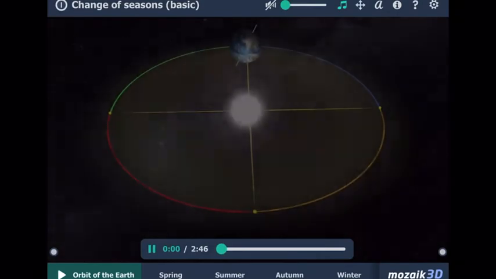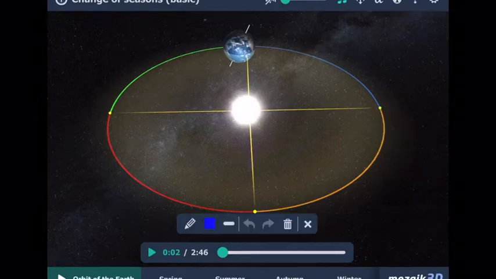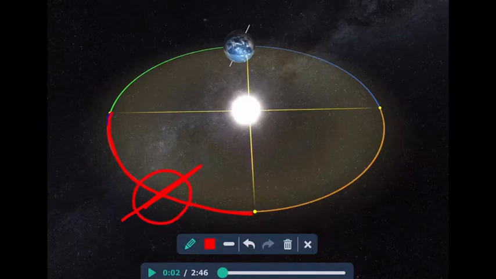Now I will show you the Earth's orbit completely once again. You see, this is Earth's orbit. Now when Earth enters this red zone, what happens? The tilting of northern hemisphere is towards sun, and the sun's rays are directly falling on it.